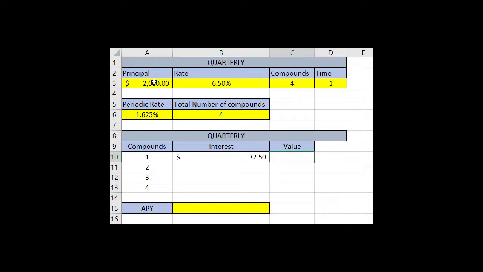We add that to the $2,000 we started with, and at the end of 3 months, we're going to have $2,012.50. That's after 3 months. So it's like our new balance.